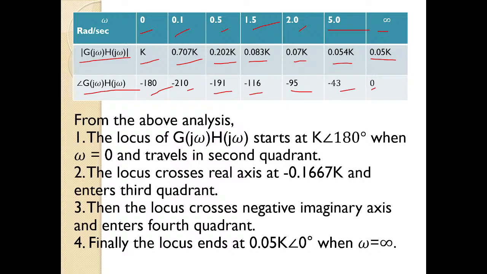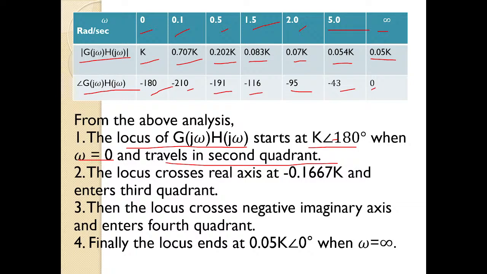So by looking at this table, we can say that the locus of G of j omega H of j omega will start at K at an angle of minus 180, and it will end at omega equal to infinity, and it will travel through the second quadrant. Why? Because 0 degrees and 180 degrees lie opposite to each other on the real axis.